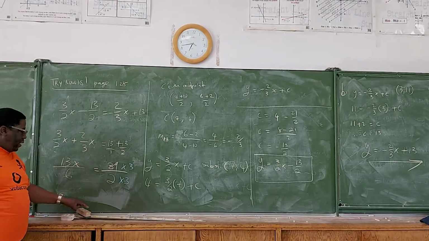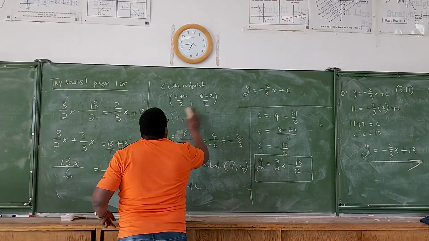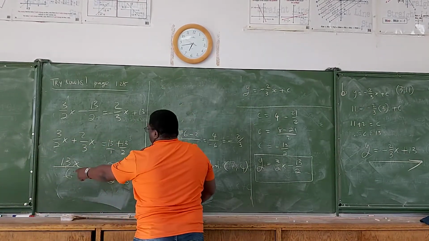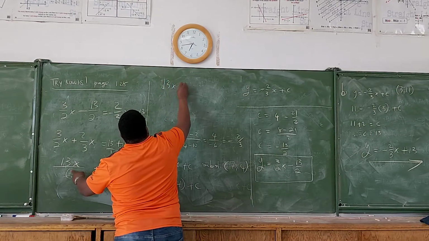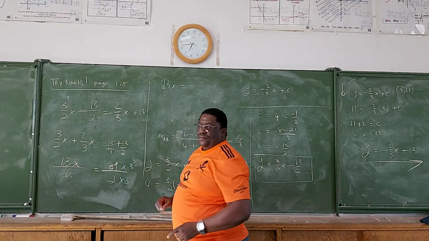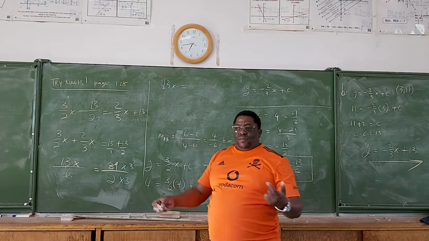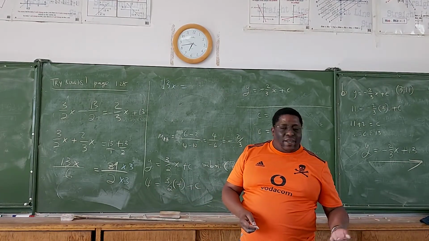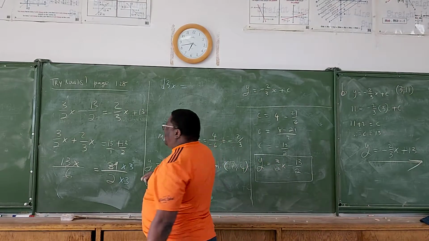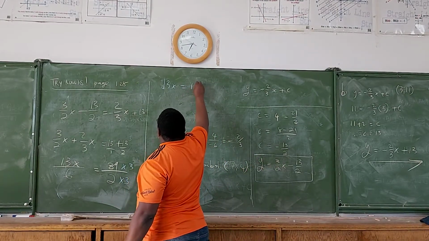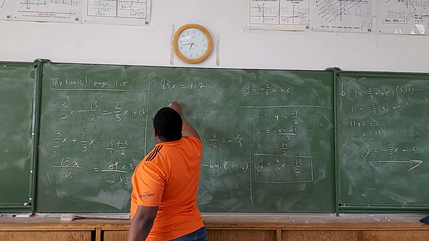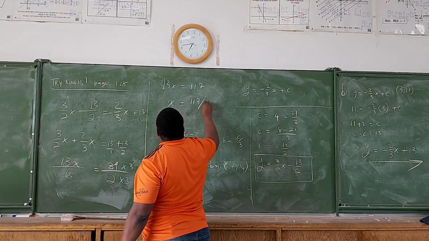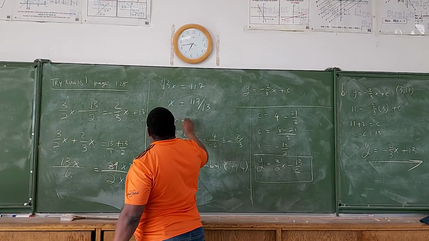So I'm going to be left with 13x equals to 39 times 3, that is 90 plus 27, 117. x equals to 117 divided by 13, x is 9.